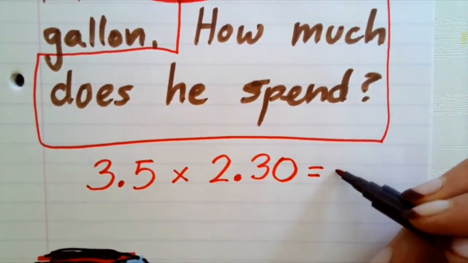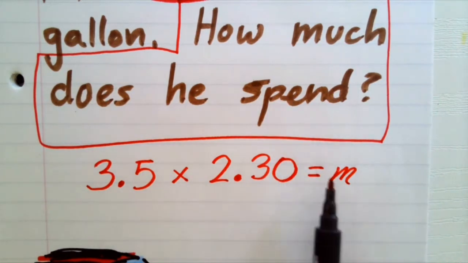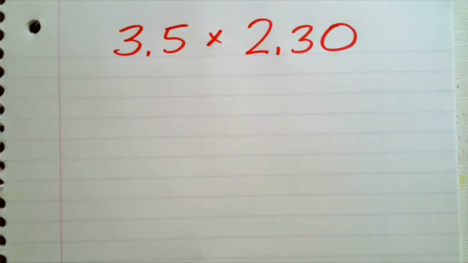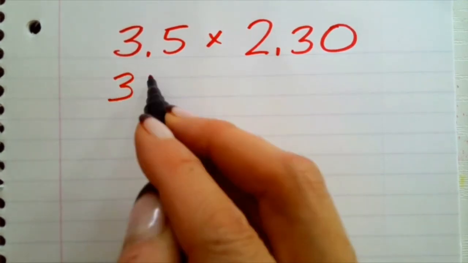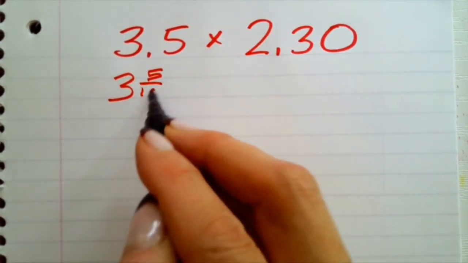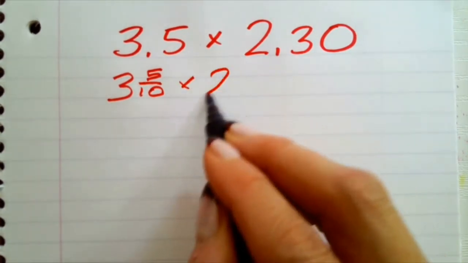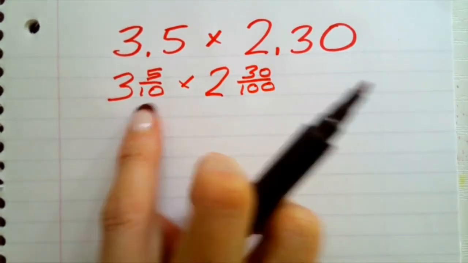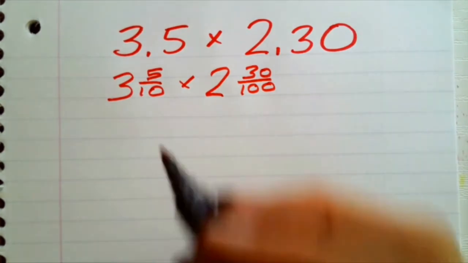Let's use M to stand for our unknown, the amount of money he's going to spend in dollars and cents. 3 and 5/10. We can write this in fraction notation. And we can write 2 and 30/100 in fraction notation too. We can use what we know about multiplying fractions now to solve this equation.